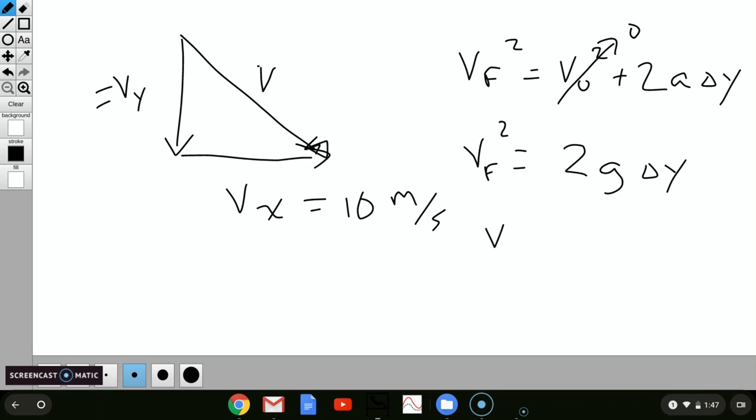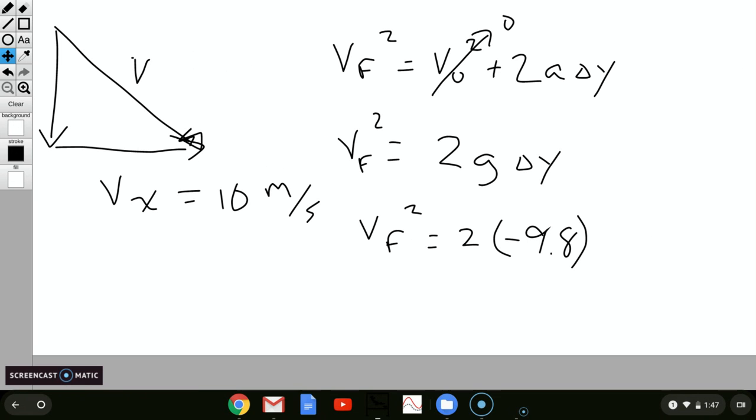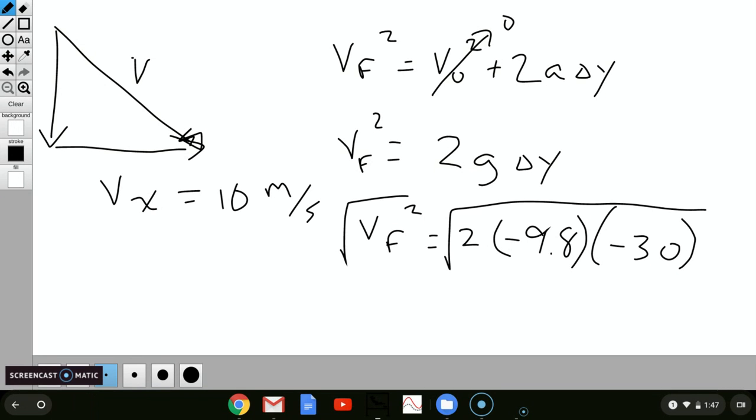But anyways, we're going to have vf squared equaling 2 times negative 9.8, and this will end up being negative 30 because that's how far it's fallen. We'll need to take the square root of that.